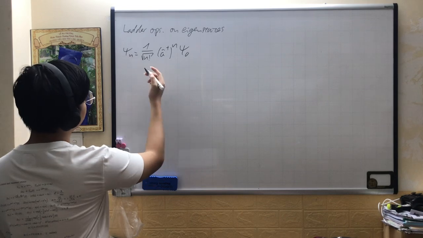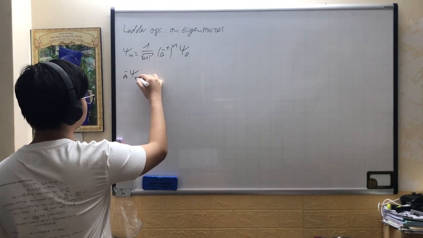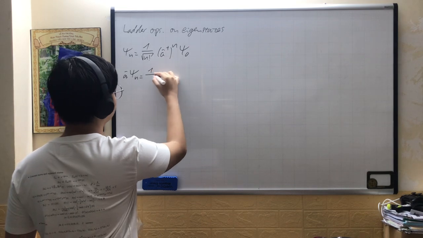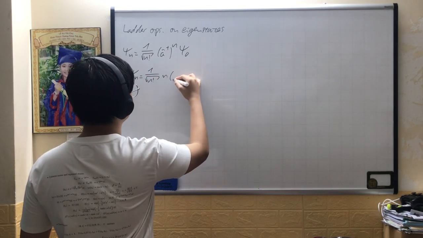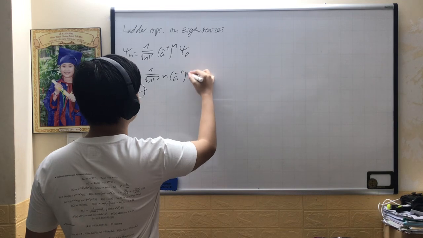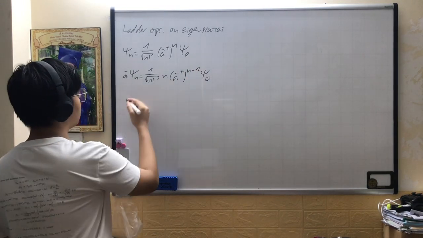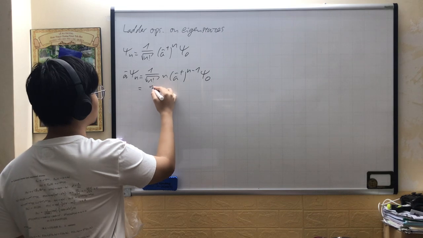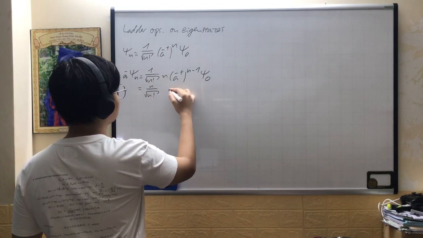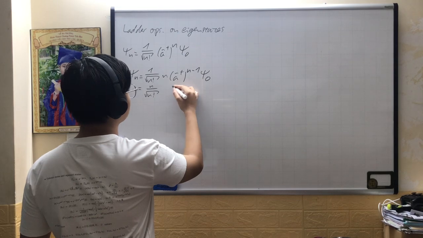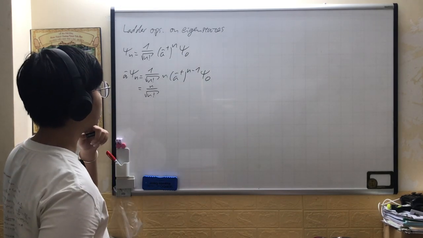And when you act on it with a destruction operator or annihilation operator, whatever you want to call it, you would get back this. Alright, and this can be expressed like that, psi sub n minus 1.